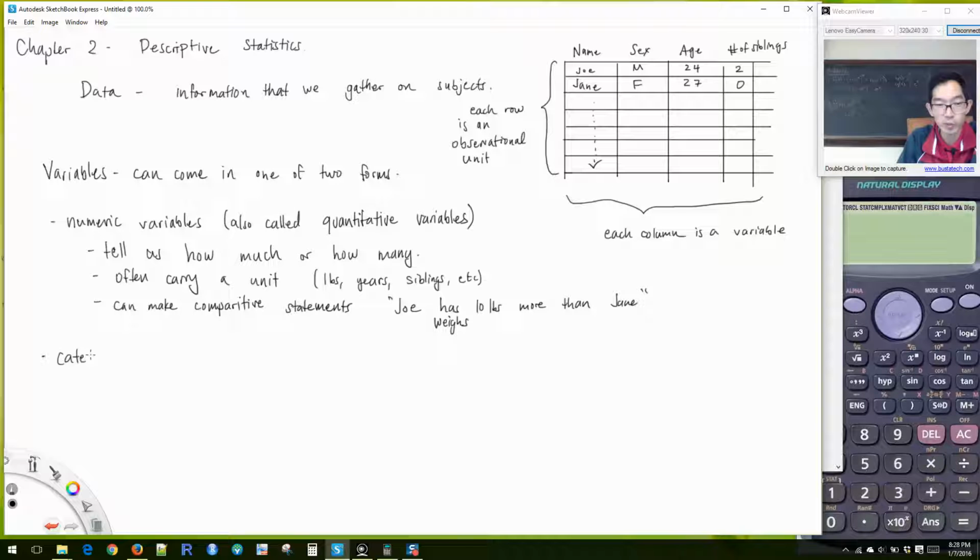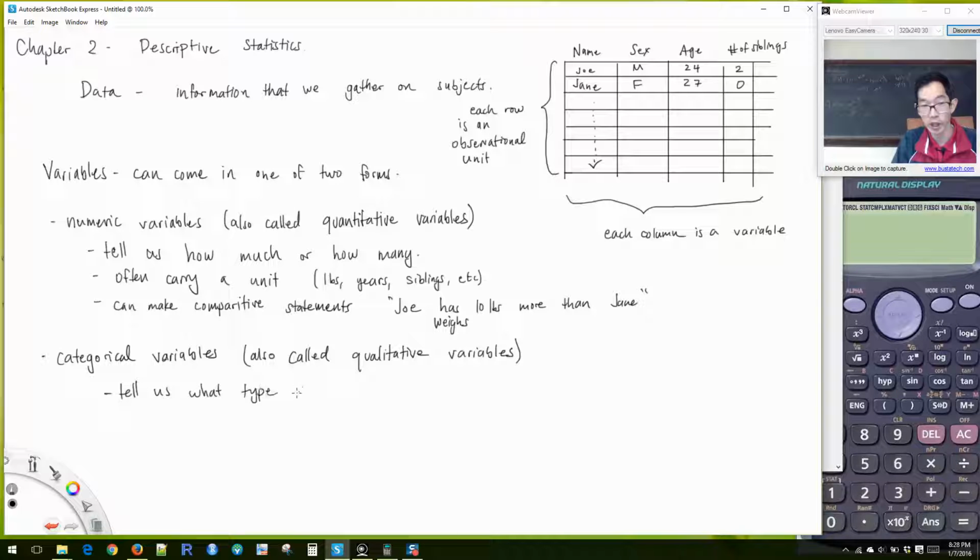The other type of variable would be categorical variables. Okay, they can also be called qualitative variables, and these tell us what type or what kind. Okay.